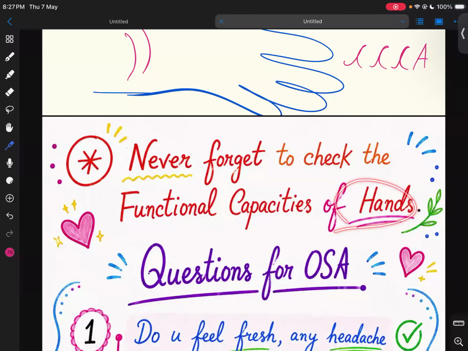If the patient is complaining of low back pain, you have to check the gait. You have to check the gait also for knee pain, ankle pain. So for all the types of pain, please don't forget to check the complication from the physical examination, because if the patient is having some complication, we have to offer help, that is professional help.